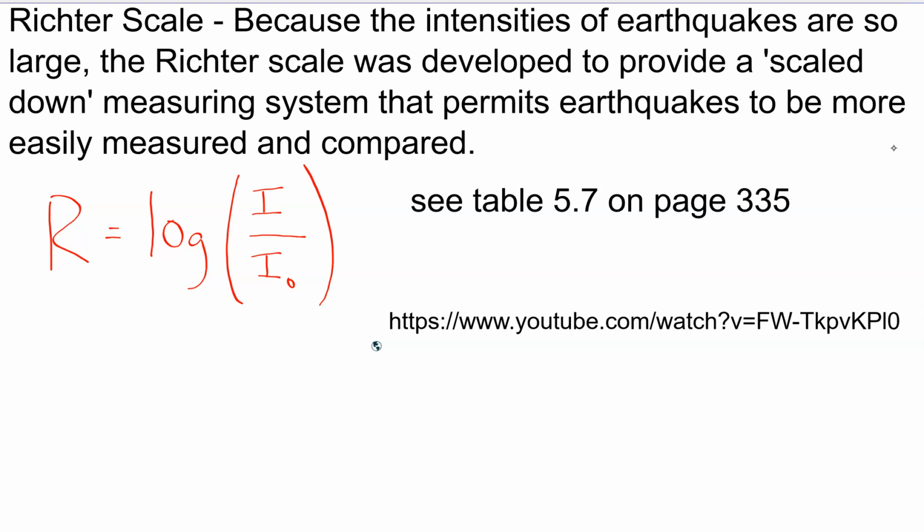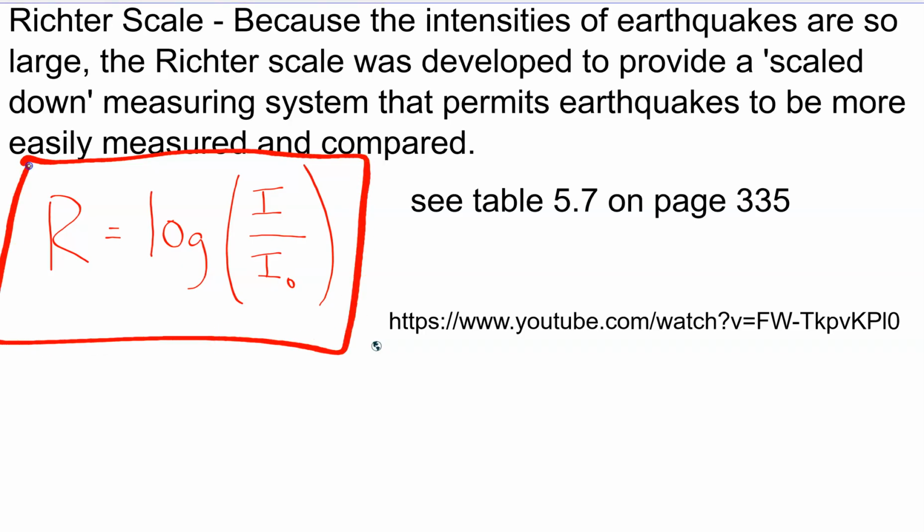And this is in your book too, but this is the formula for Richter scales right here. This is the magnitude, so I'm going to tell you what each of these mean.